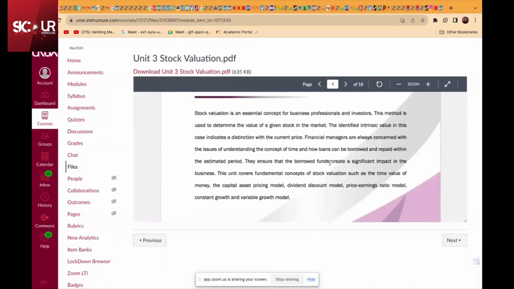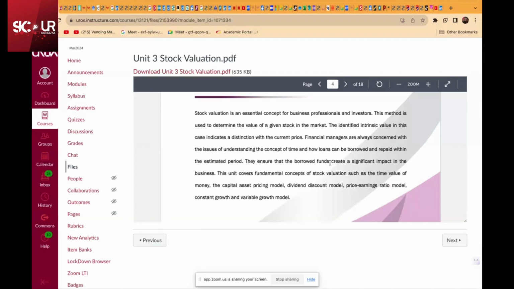As an introduction, share valuation is an essential concept for business professionals and investors. The method is used to determine the value of a given share in the market. The identified intrinsic value indicates a distinction from the current price.